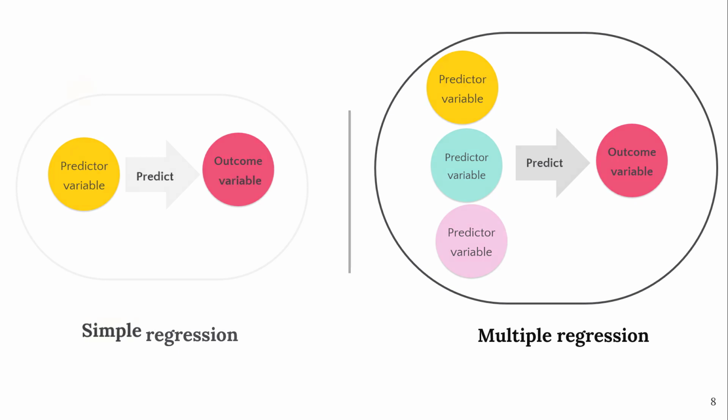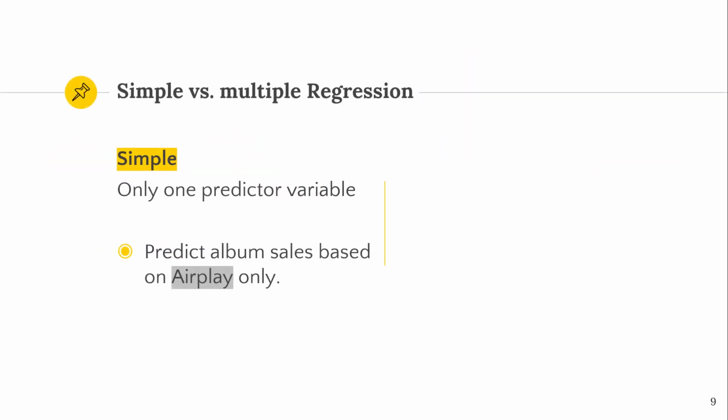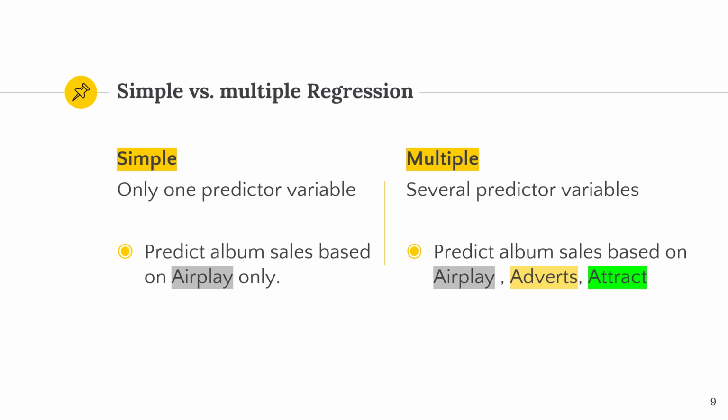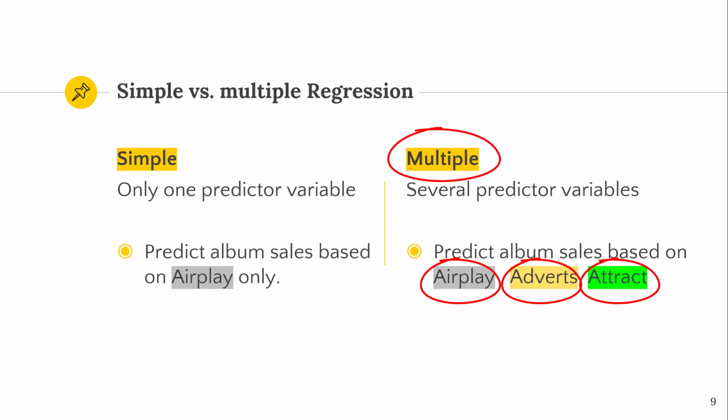For example, if you want to predict the number of album sales based on one variable, that is, airplay, or the number of songs in the album played on a prominent national radio, you are doing a simple regression. In comparison, if we want to predict the sale based on three variables, namely the number of times songs played on national radio, the budget spent on advertising the album, and the band's attractiveness, we use multiple regression.